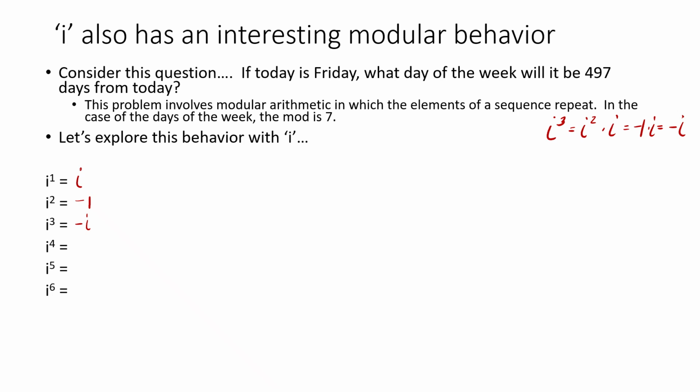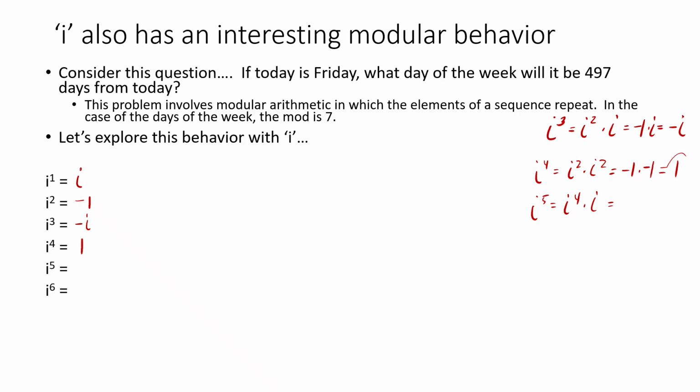Then we come to i to the fourth. Well, i to the fourth is i squared times i squared. You could get there other ways too, but i squared is -1, so -1 times -1 is +1. i to the fifth would be i to the fourth times one more i.